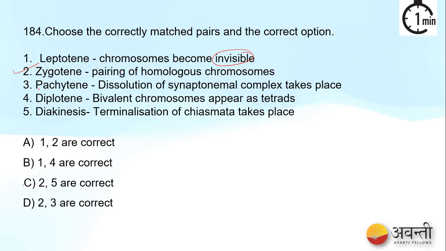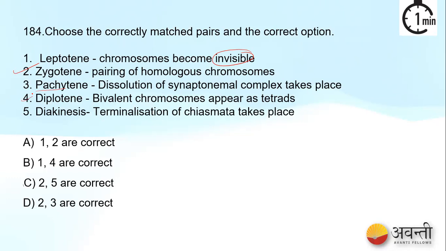So pachytene is a stage where the important process called recombination takes place, where the segments of the DNA are exchanged. So here is where the tetrad or the synaptonemal complex is very prominent. So it is not dissolved. Okay. Next one. Bivalent chromosomes appear as tetrad. So here, in the diplotene stage, what happens? The tetrad actually separates and the homologous chromosomes become free.